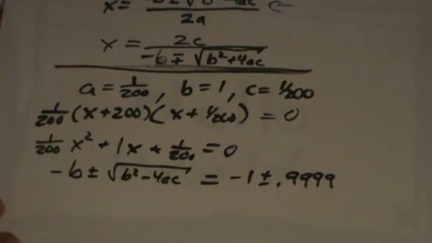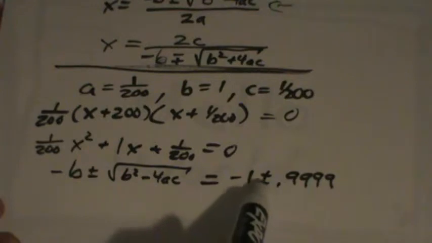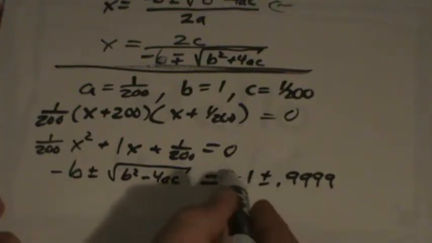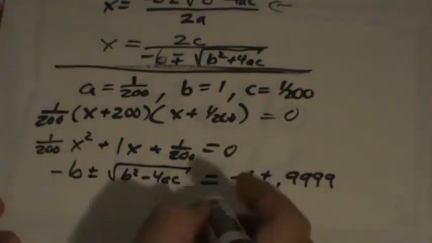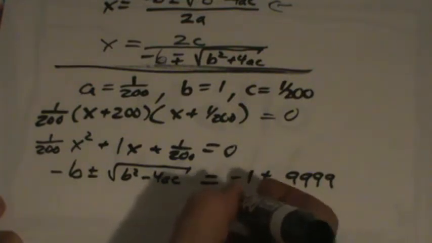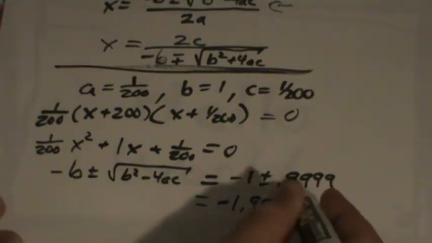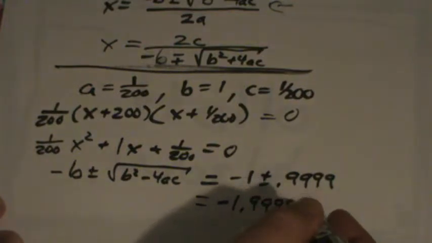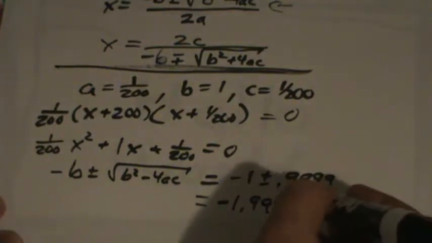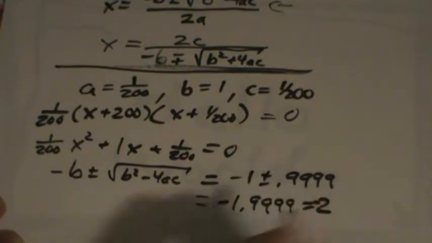I picked it for a reason, and the reason why I picked these particular numbers is, if you look at it, if I get the minus term, so I got minus 1 minus that, I end up with minus 1.9999. The 9s will cancel out, it'll round this up, so in 4 bits I'll get minus 2.